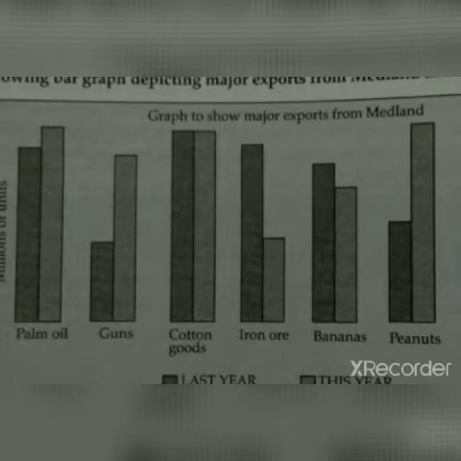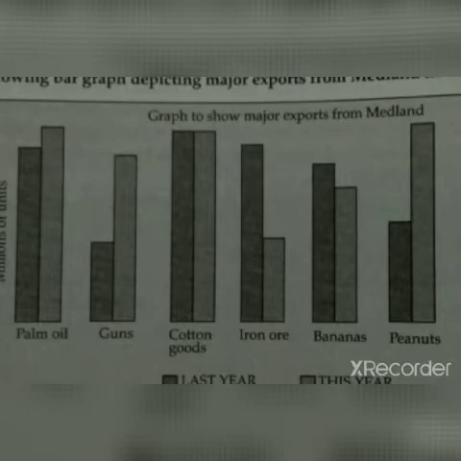Guns are exported greater than previous year, and iron ore, they are lesser than previous year. So number of guns exported more than previous year, and iron ore was lesser than previous year.